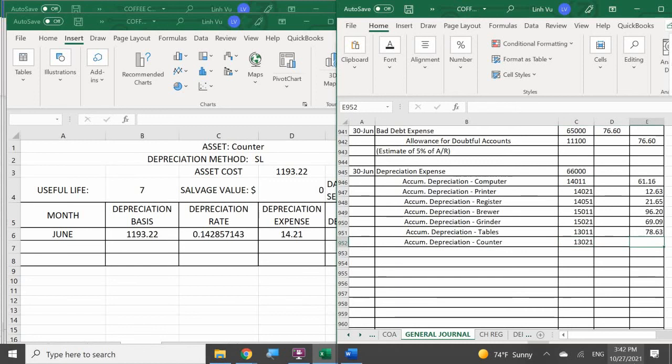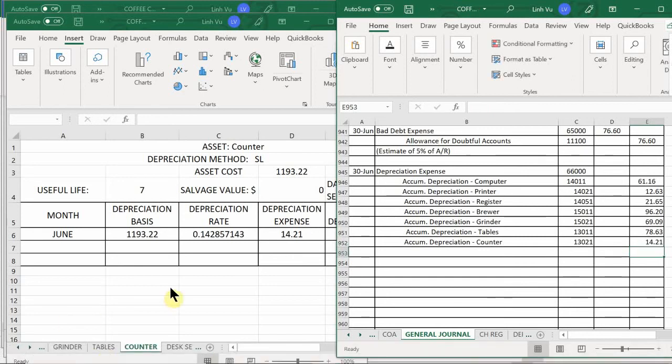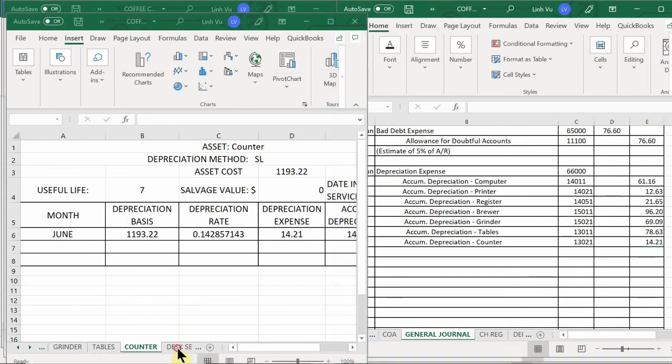So let's see how much is that counter. It is 14.21. Okay, 1421.